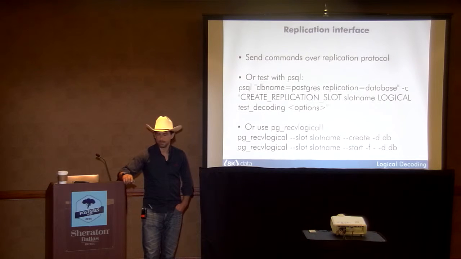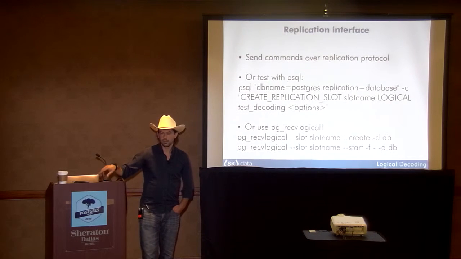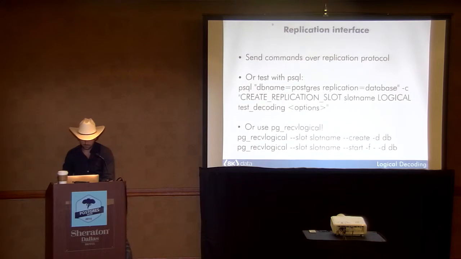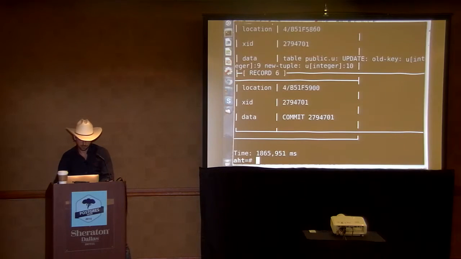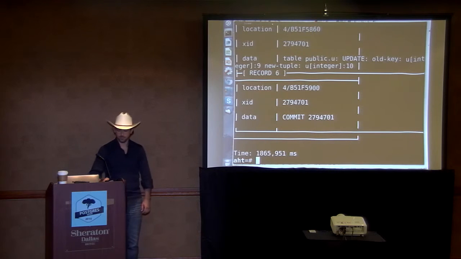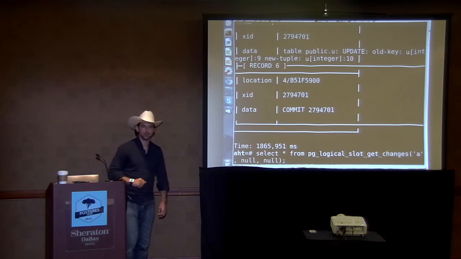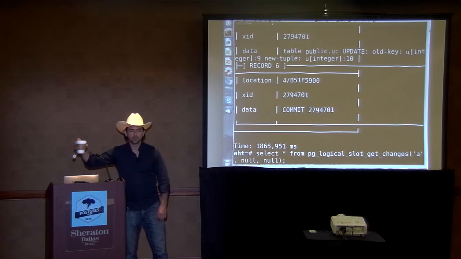When you call the get changes function, can you go back to your terminal? Oh, yeah. So the call for this function is what triggered the full decoding of the WAL into the logical text-based output, right?